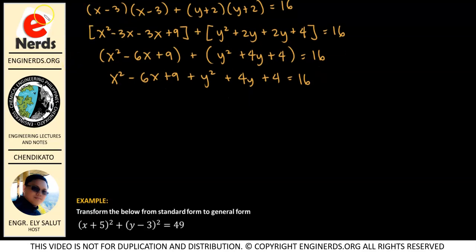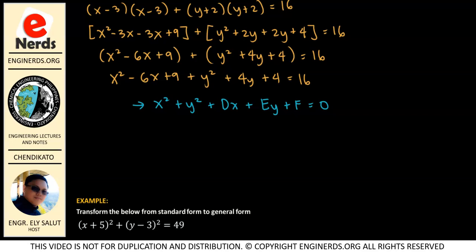So, kanina, sa ating given, we know that our general form is x squared plus y squared plus dx plus ey plus f is equal to 0. Okay? So, yan ang ating general form. So, kailangan ma-present natin yung ating equation on this form.